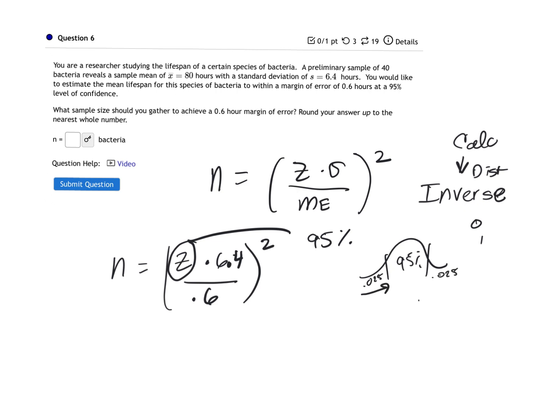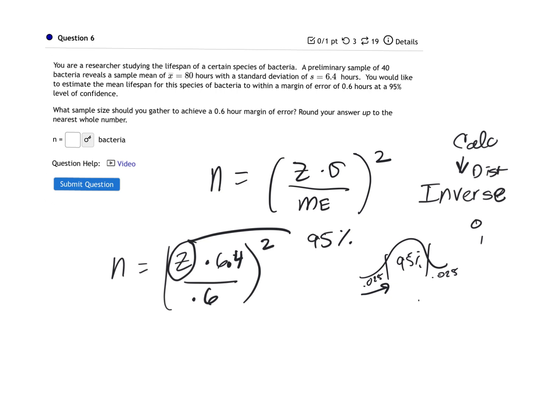So I put my area at 0.025. I'm going to do it on the calculator. Again, I go to my distribution tab, go inverse normal, area 0.025, 0, 1, tail left, hit paste. And it's going to give me a negative number, of course, but we're going to use the positive version of that. It really doesn't matter if you use the negative version because you are squaring it. So it's going to be fine either way.